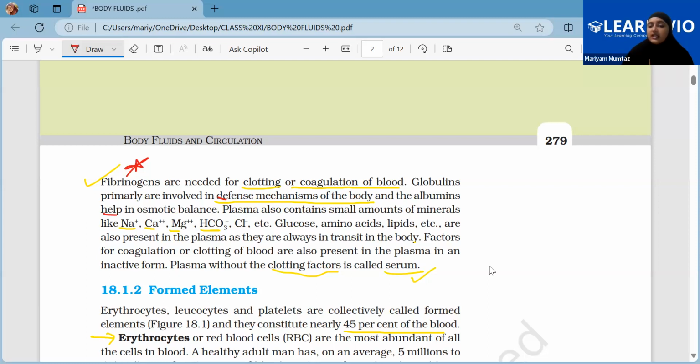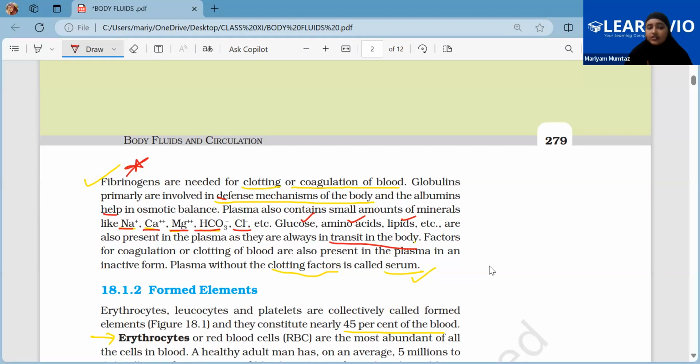Plasma also contains small amounts of minerals such as sodium, calcium, magnesium, bicarbonate ion, chlorine, etc. All of these are also present in the plasma. Glucose, amino acids, and lipids are also present in the plasma as they are always in transit in the body. In transit means they're always moving in the body.